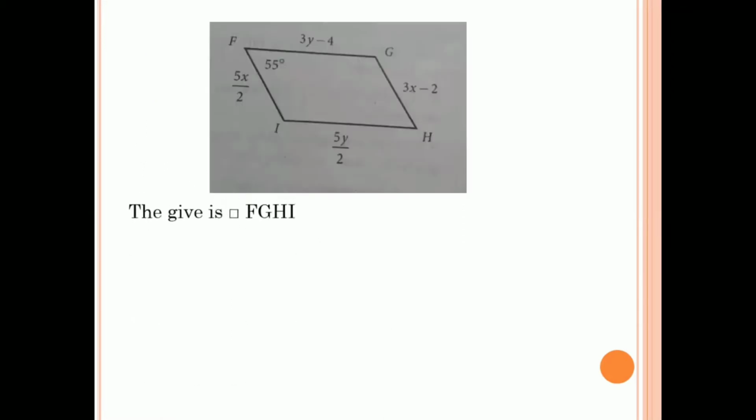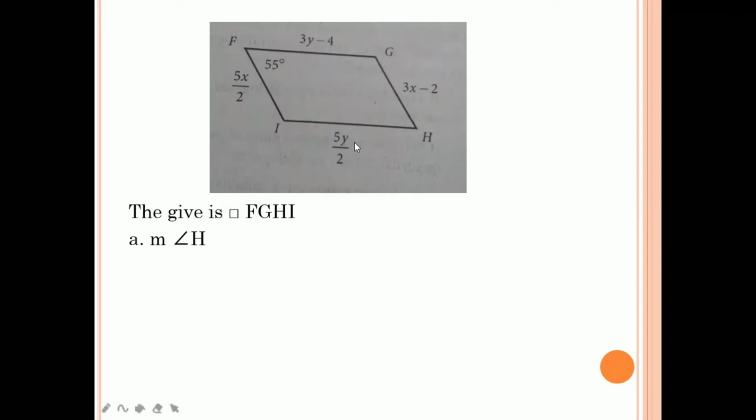Next, look at this figure. The given, this is a typo, the given is parallelogram FGHI. What is the measure of angle H? Try to focus on the figure above.